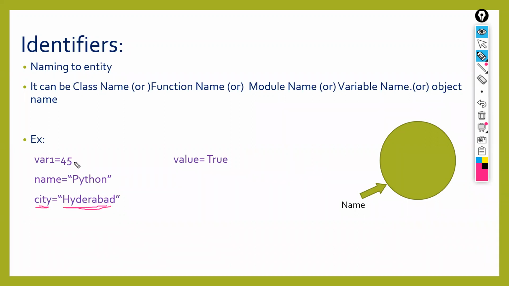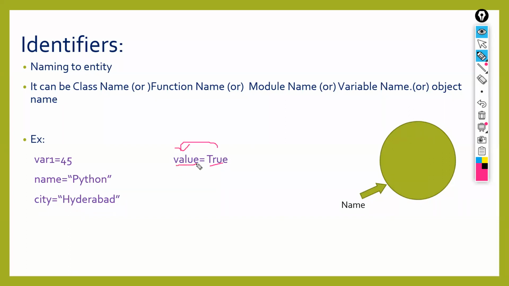Not only for integers and strings, but we can also do it for Boolean. I think you are very familiar with Boolean. Boolean means true or false. We can assign a Boolean value to an identifier.